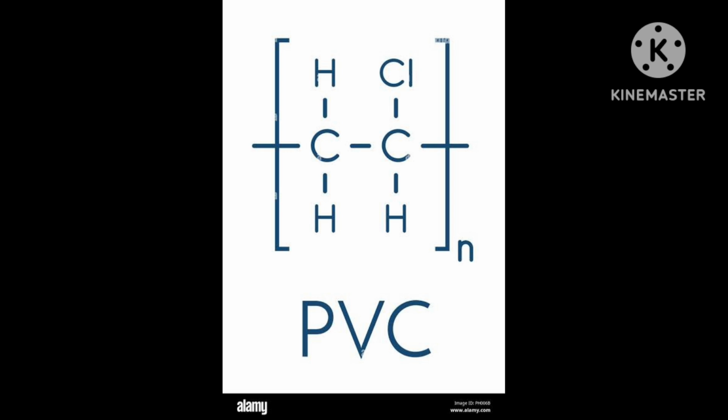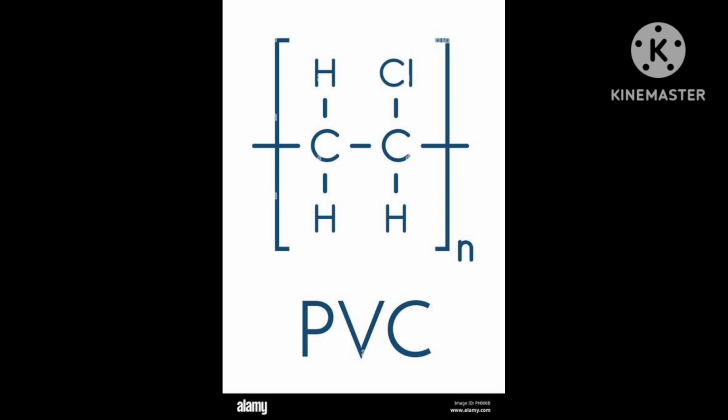Just to understand, free radical mechanism, I am telling you by a simple example. Suppose ethane is there, C2H6, you can write it like CH3-CH3, both CH3s joined with a single bond.